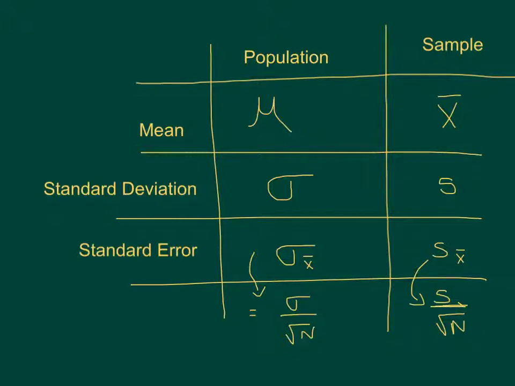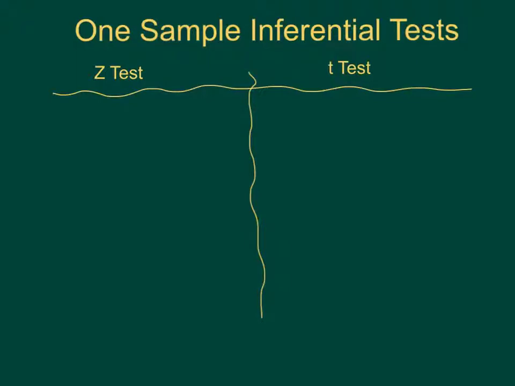So, using those terms, when we want to compare a z-test to a t-test, in a z-test, we know our sample, we know our sample standard deviation. We also know the population mean, and we know sigma.